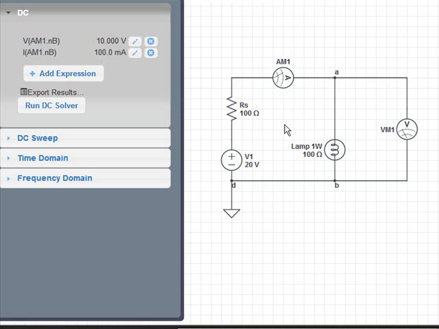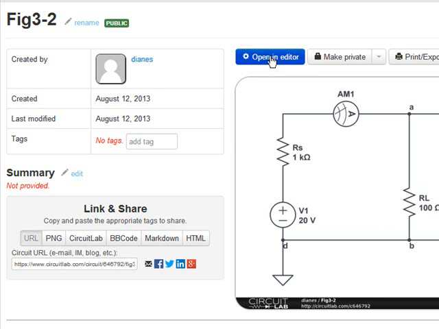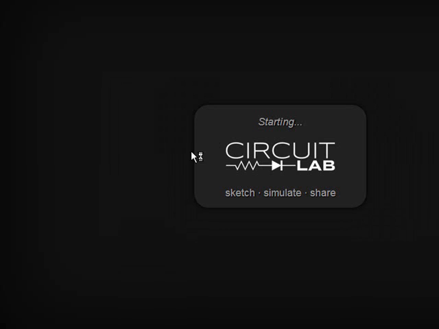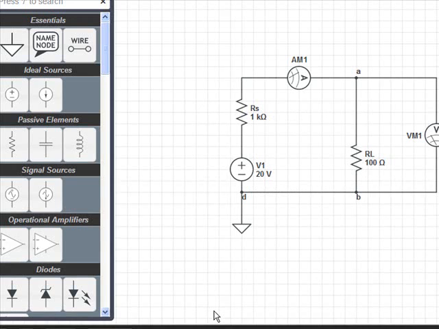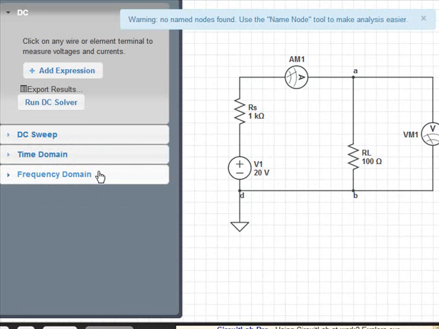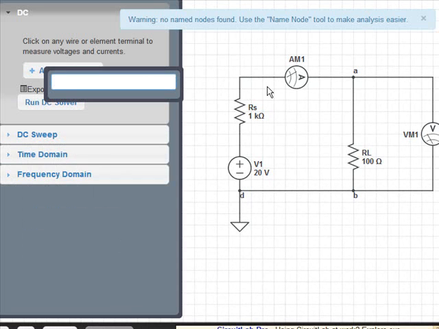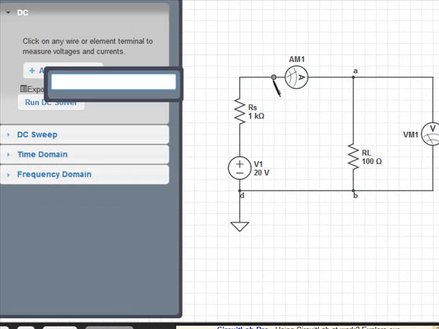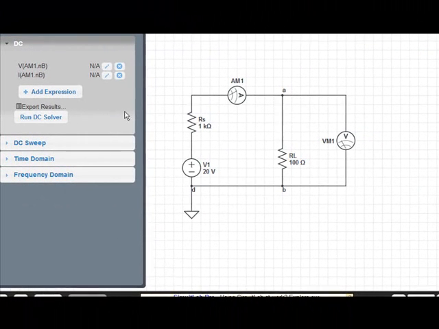Next, you're going to open up the circuit, Figure 3-2. Here again, Figure 3-2, open in the editor, the circuit will appear, and this time, again, we need to get the meters working, so pick Simulate, add expressions, right next to the ammeter.